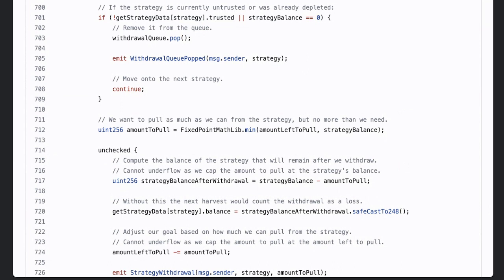Yep, we pack it with whether the strategy is trusted, which is a bool. Yeah, so that saves us a full S load in a lot of these cases. So it's worth doing. There's very few cases where you need that extra 8 bits for the strategy balance, but just in case, for correctness, it costs like 30 gas. We do a safe cast.